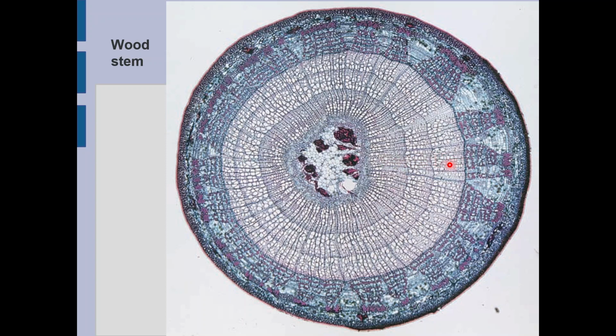And then there is a vascular cambium. This is a thin layer of the vascular cambium, and then there is the secondary phloem, and then the periderm, with the remnants of the primary phloem, cortex, and epidermis.